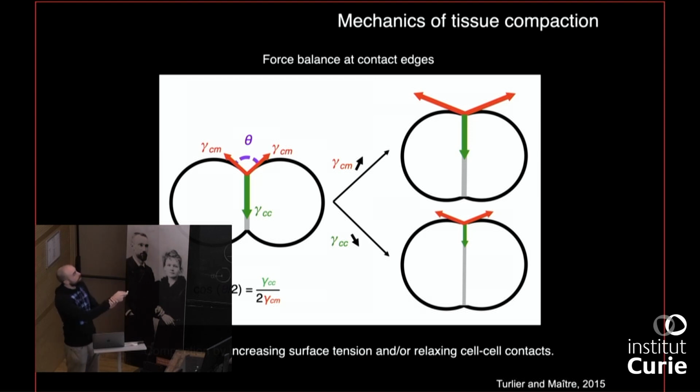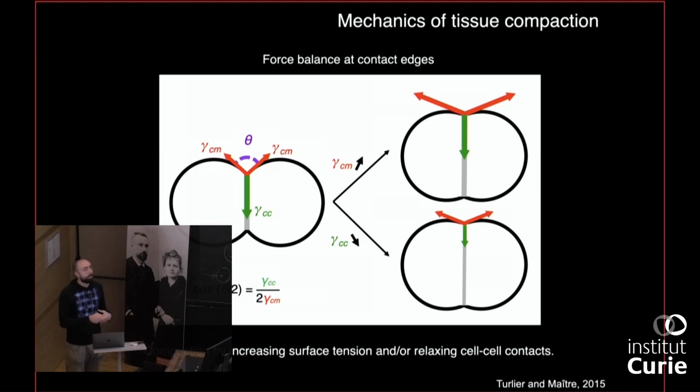If you increase the tension gamma cm, you pull at the edges of the contact, you enlarge the cell-cell contact. If you relax the cell-cell contact, you reduce the gamma cc, the angle of contact will also increase. Basically, you can either drive compaction by relaxing cell-cell contact or by pulling harder on the edges of the contact. It's very analogous to a wetting transition, and this is how we approach this problem here.